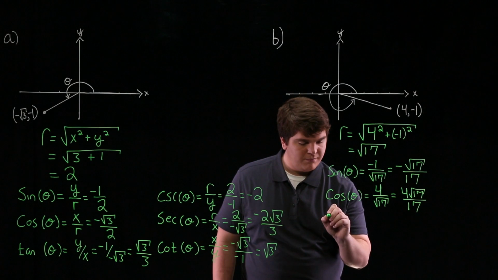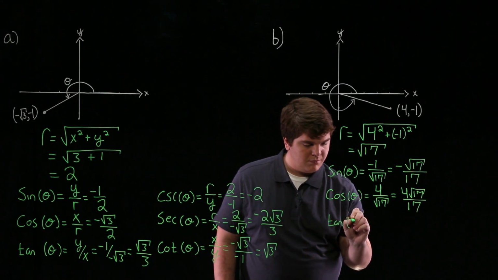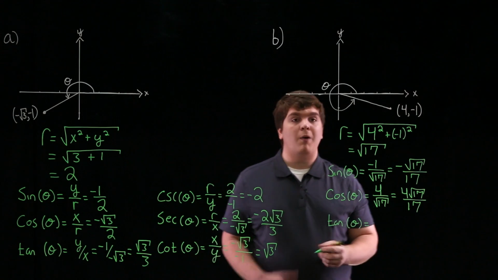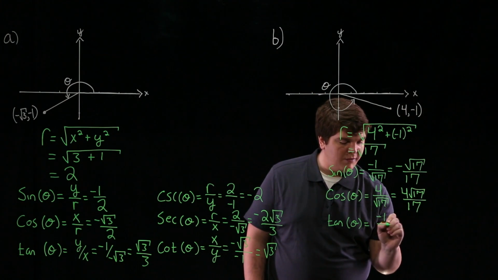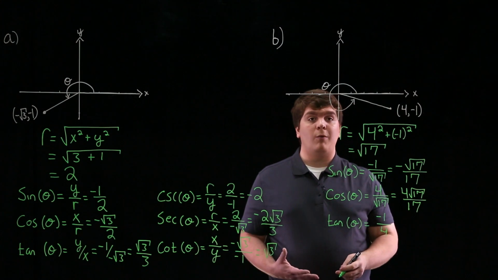And tangent of theta is equal to y divided by x, so is equal to negative 1 divided by 4, or negative 1/4.